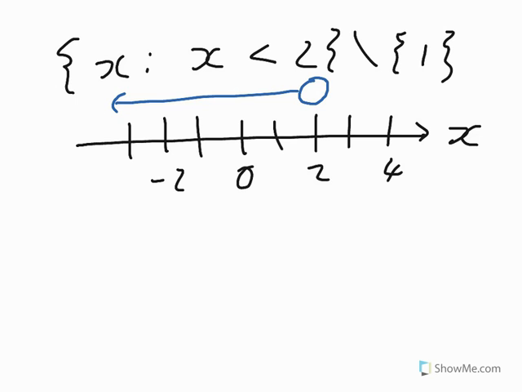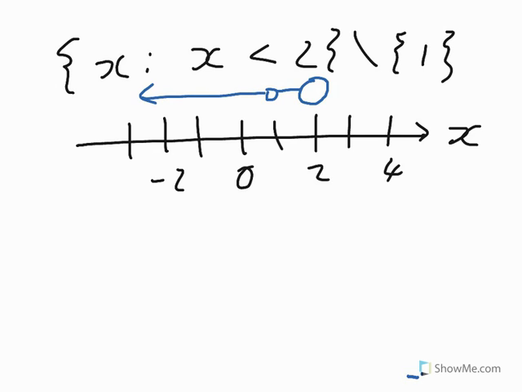However, what I haven't taken into account is that 1, which is here, is not included. So I need to have another circle. So let's get rid of that arrow. There we go. I need another circle here at 1. The size of the circles is irrelevant.